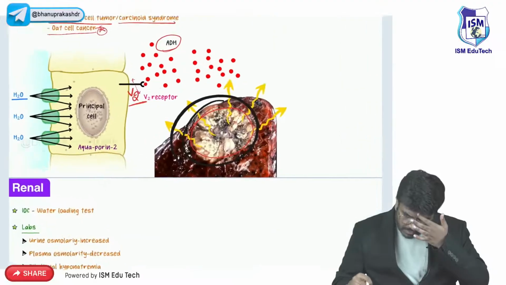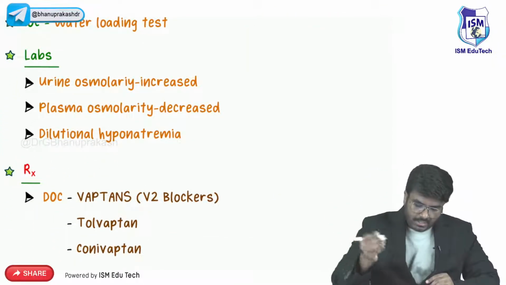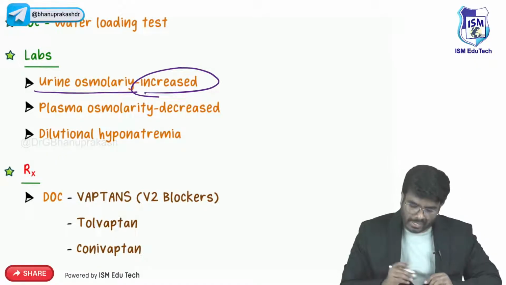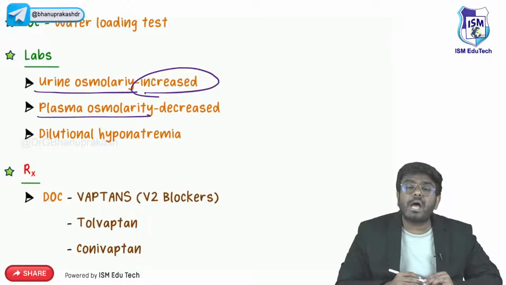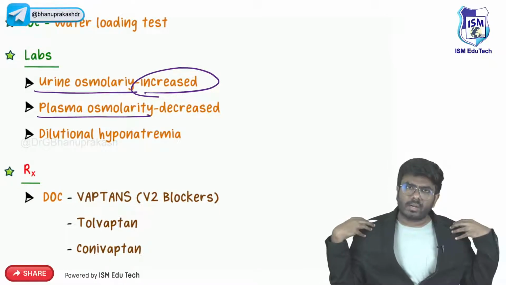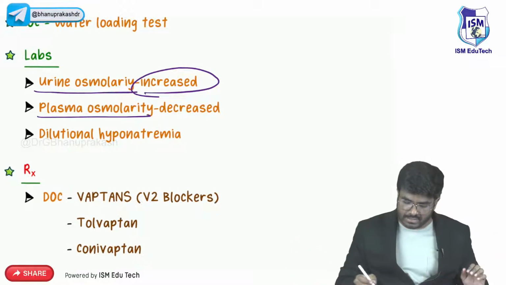So in the condition of SIADH, urine is more concentrated, urine osmolarity increases. If you look at the plasma osmolarity, you are putting more water back into your body, so plasma osmolarity decreases, the plasma concentration decreases.